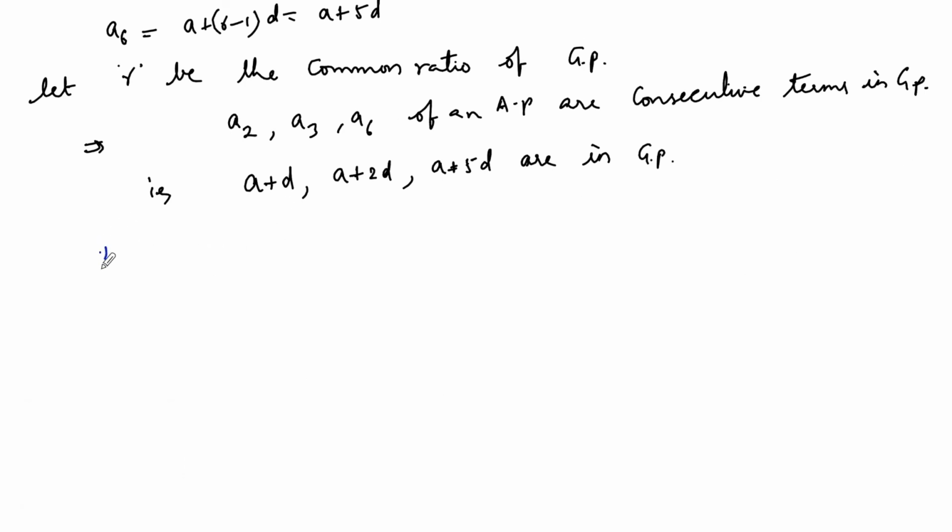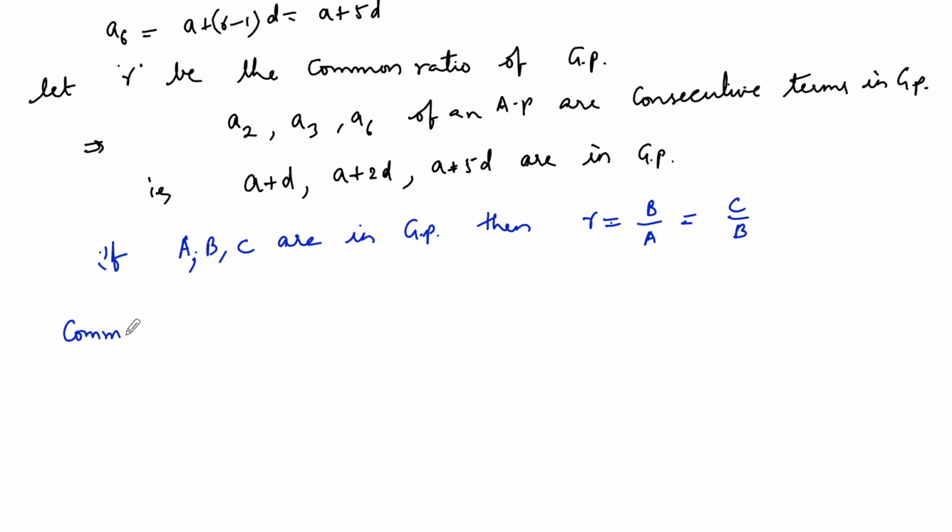We know that if A, B, C are in geometric progression, then the common ratio R is equal to B upon A, or we can consider C upon B. So let us consider the common ratio R is equal to, so we can take the ratios a plus 2d upon a plus d, which will be equal to a plus 5d upon a plus 2d, since they are consecutive terms.